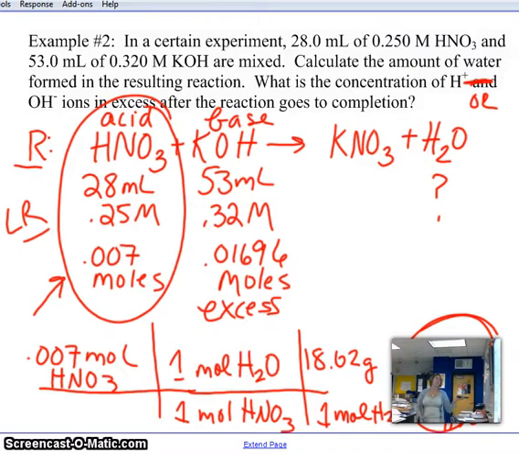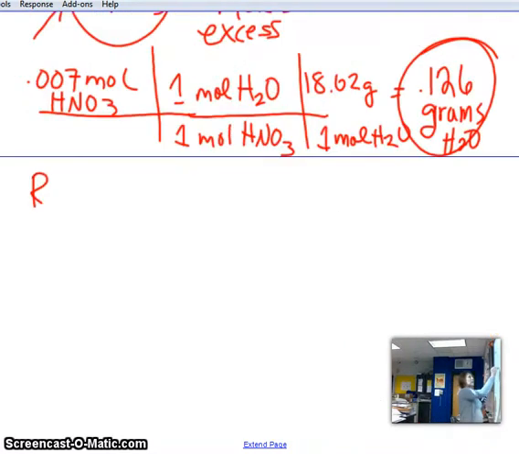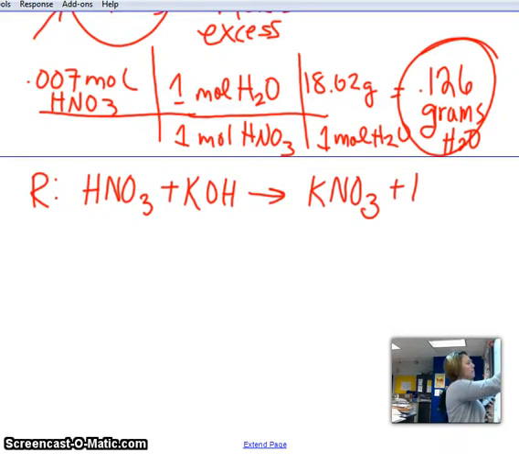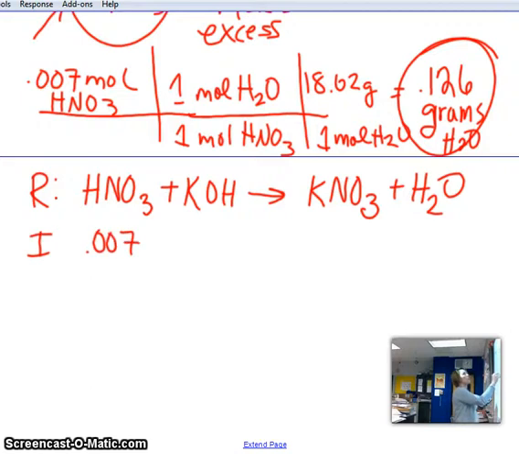Now, they want the OH minus in excess. So that means you're going to do the rice box. We have our reaction. We know our moles initially of this and of this.